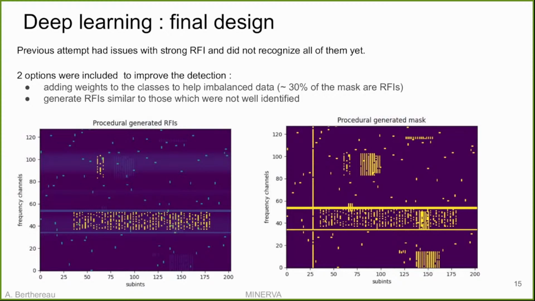The first one was adding weight to the classes to help with imbalanced data. Our classes are, for each pixel, basically just RFI or not RFI. For the Coast Guard masks that we passed to the network, we saw that on average 30% of the mask is RFI.